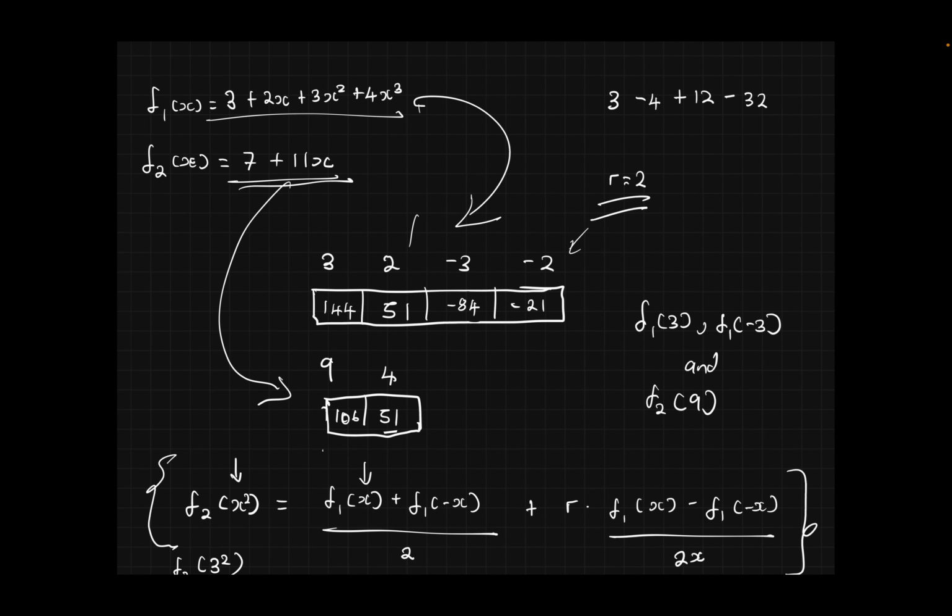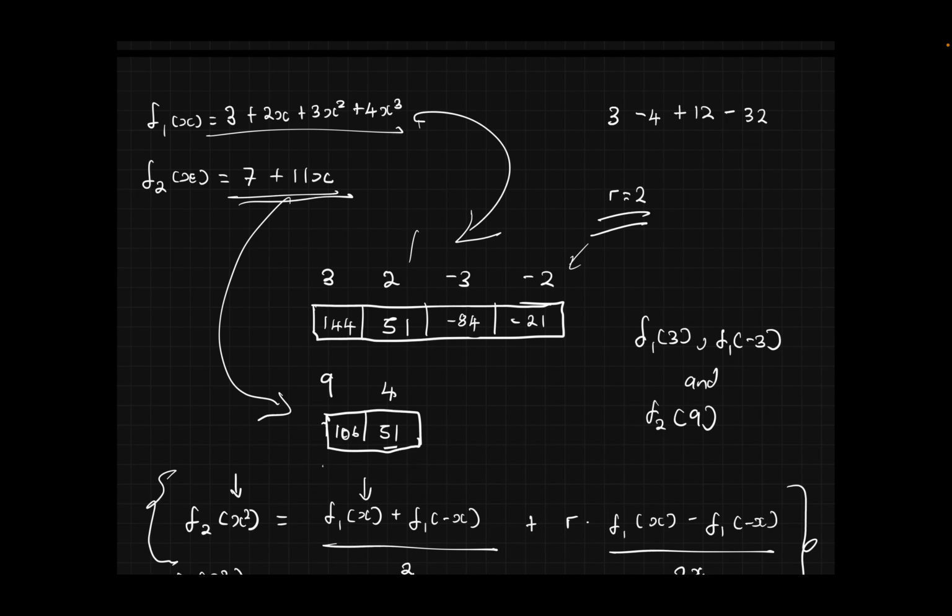So when we wanted to get this 106, we used 144 and minus 84. This means you can get every value here by just using the values here, taking them two by two. To know which two to pick, you will know based on the ordering, the squares and everything. Okay, the roots of unity.